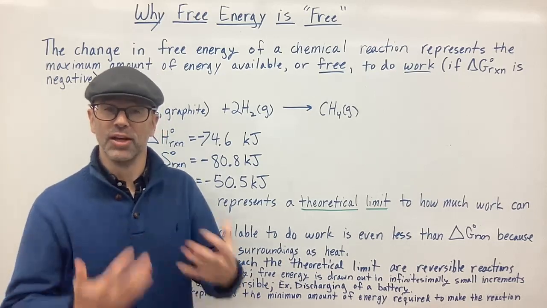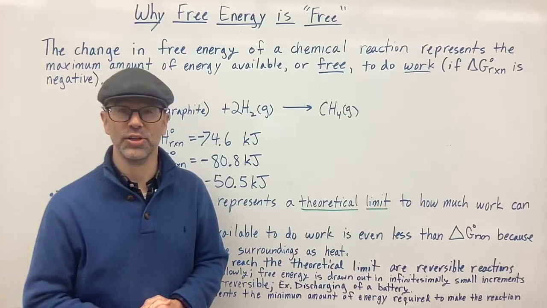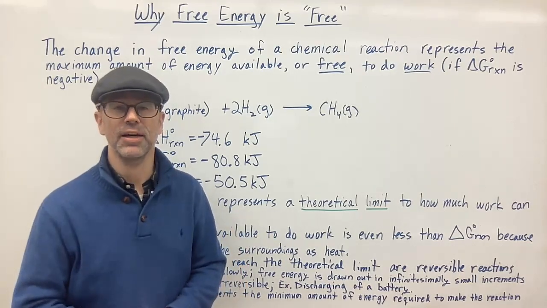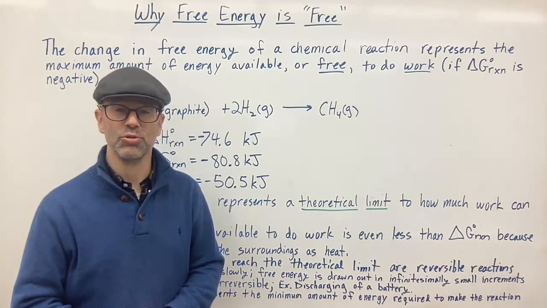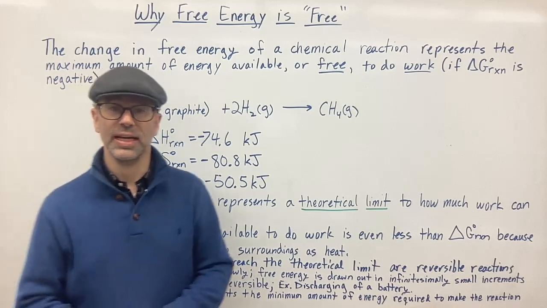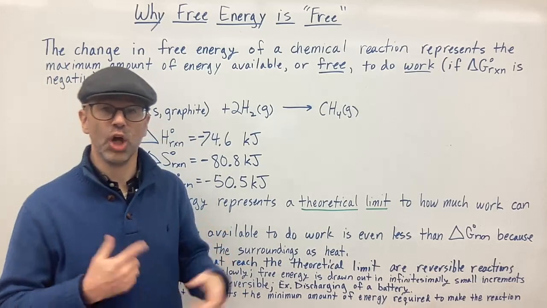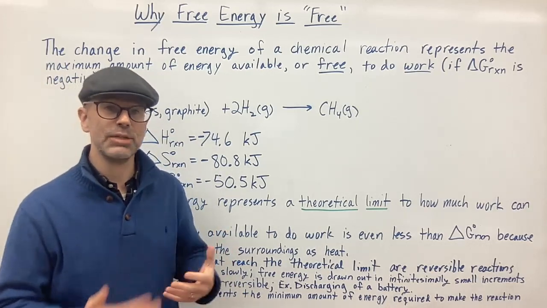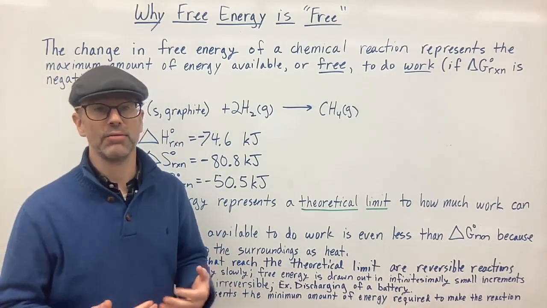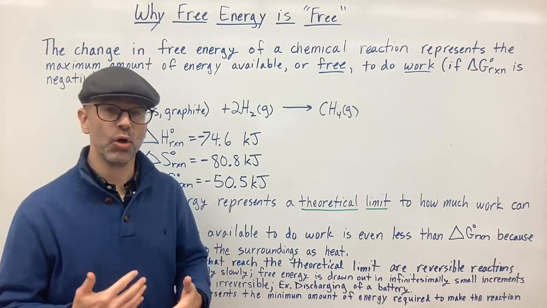This is known as the heat tax, right? So there's a heat tax. You can't get it back if you lose your energy as heat. You could decrease the amount of heat in the wire by running the battery more slowly, right?